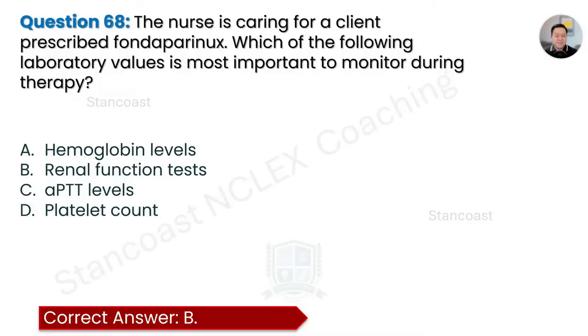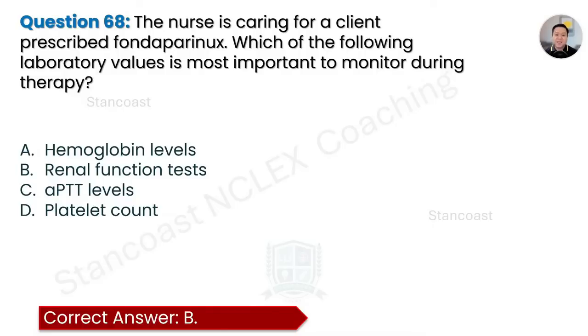Letter A is incorrect. Hemoglobin levels are not specifically affected by the fondaparinux therapy. Letter C is also incorrect because this medication does not significantly alter the APTT values because it does not interfere with the clotting factors measured by this test.